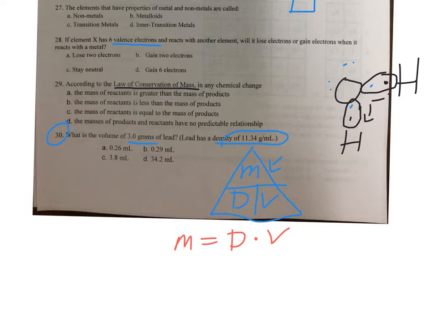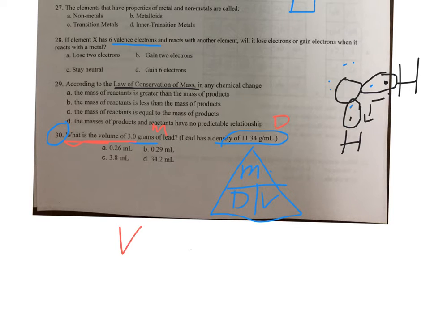Okay, little trick there, just checking to see if you're listening. Is this really your formula? No, because we're not looking for mass. They are giving us mass, and they're giving you density. So you're actually looking for volume. Let's hope everyone was listening.